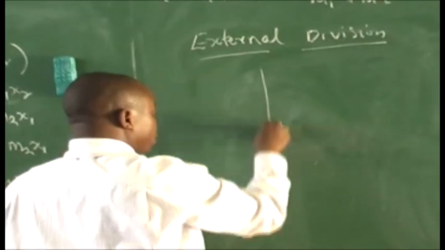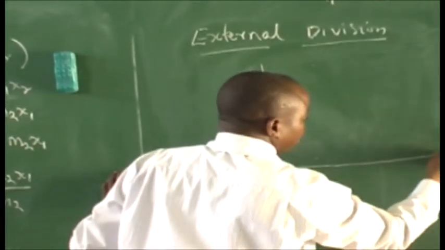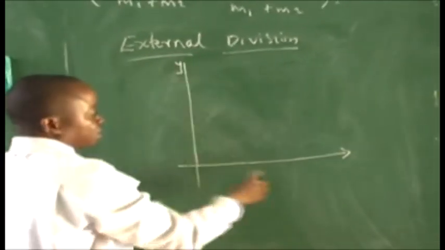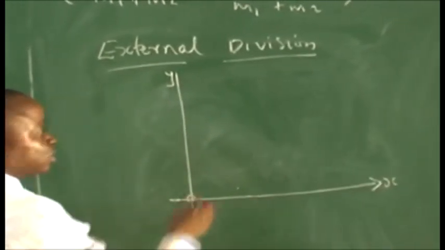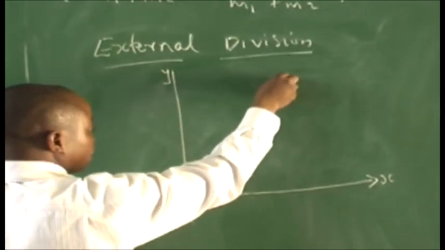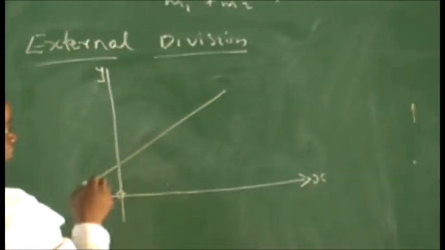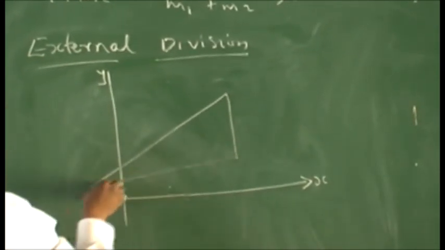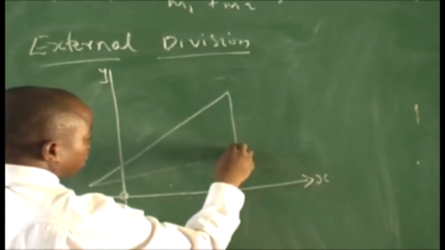Let's also draw the Cartesian coordinate plane here. This is the y-axis, this is the x-axis. We have the origin. And suppose we have a line here, this one. We join it like this.